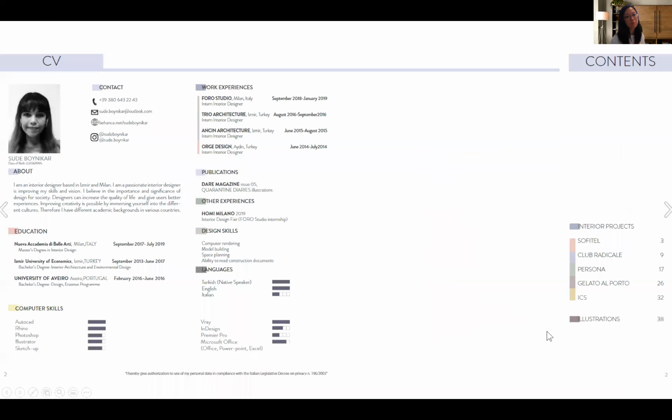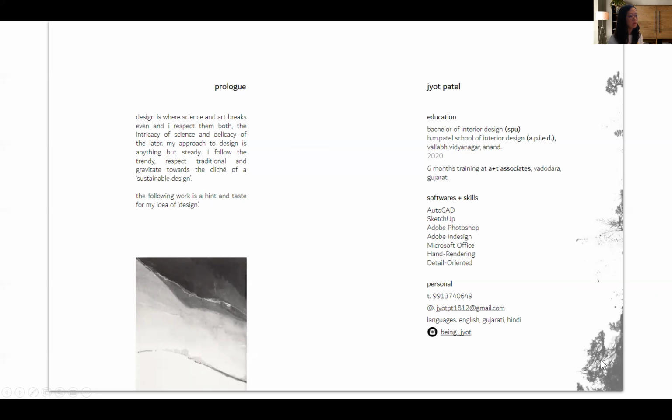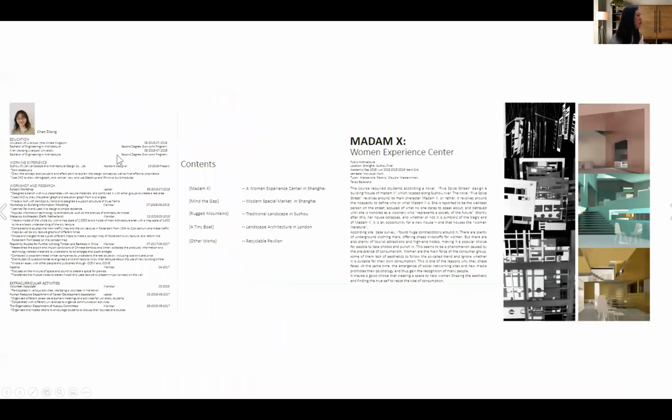Because reviewers don't have much time. They might spend only 30 seconds to 2 minutes to review your work, because there are a lot of applicants. So they might not take a deep look at all the contents here. They don't have time.